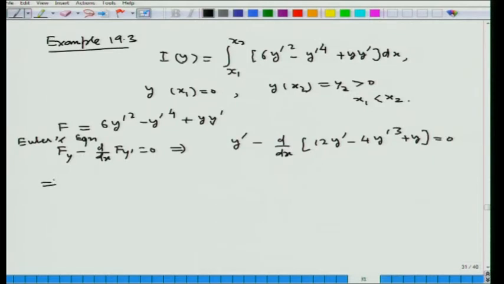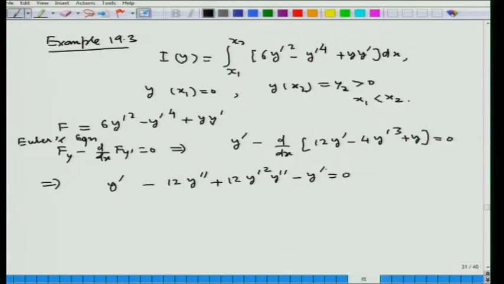So, we get y prime minus 12 y double prime plus 12 y prime square y double prime minus y prime equal to 0.